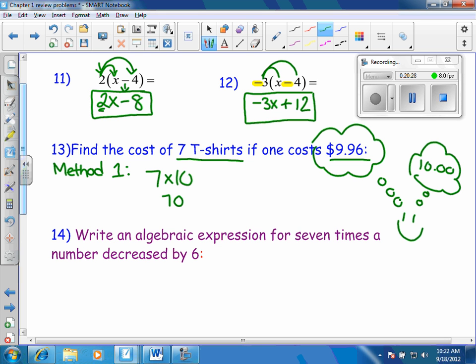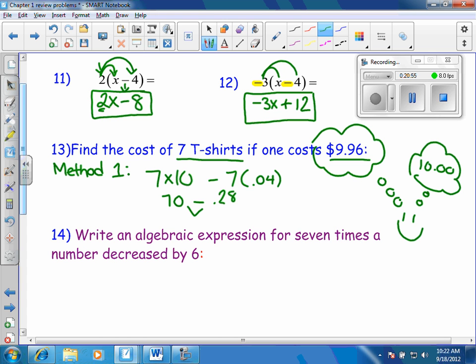So he said 96 cents is 4 cents off of what he estimated. So he's going to subtract 7 sets of 4 cents. So he's going to subtract how much money? 28 cents. Yeah, it's under 28 cents. And so he's using the distributive property because he's breaking it into parts. That's the distributive property.